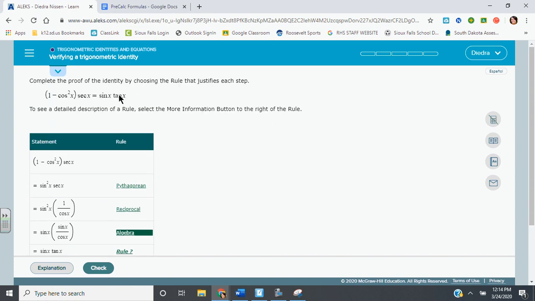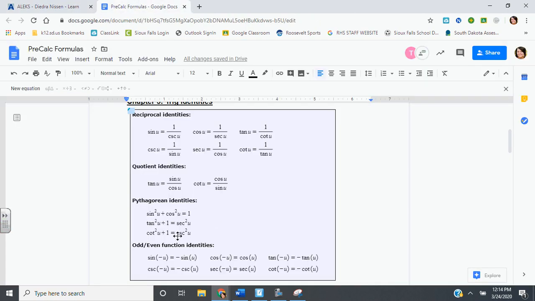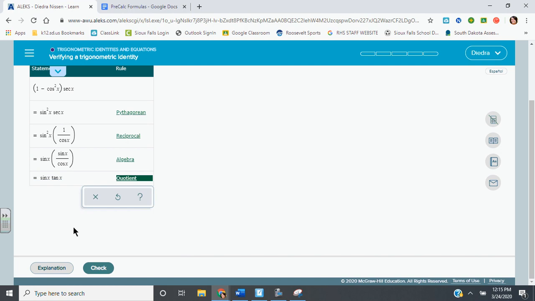Well, tangent I know is sine over cosine. So by breaking apart my sine squared, that will give me 2 sines and I can get that sine over cosine. So now I've got sine of x times sine over cosine, and I can simplify that into tangent of x. If I go to my sheet, sine of x over cosine of x equaling tangent is a quotient identity because we're dividing those 2 trig functions. So right here underneath this rule, I want to hit quotient.